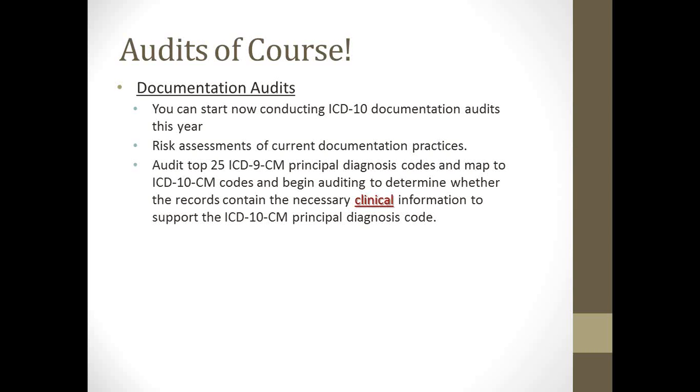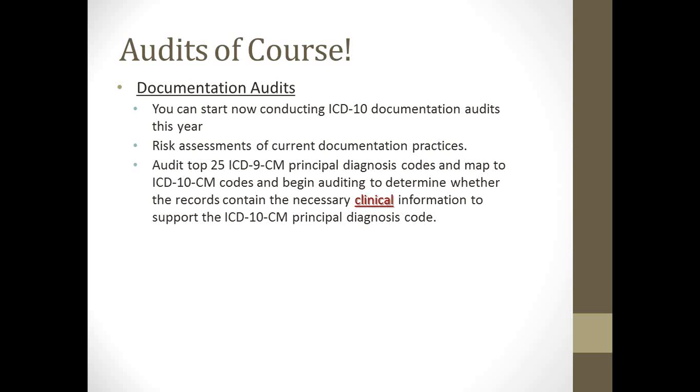You want to audit your top 25 ICD-9 principal codes and map those to your top ICD-10 codes and begin auditing to determine whether or not the records contain the necessary clinical information to support the ICD-10 principal diagnosis codes. That's the easiest way that you can do this.